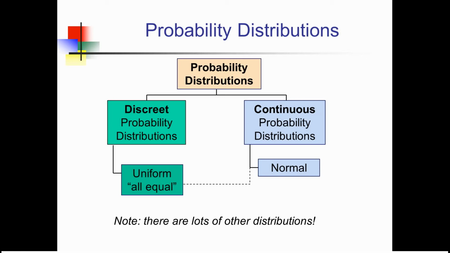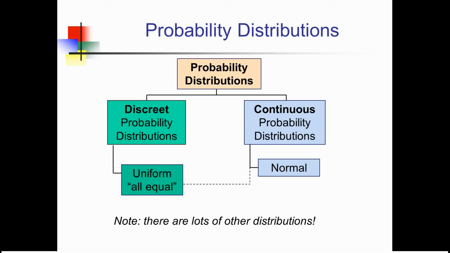That's when we have a finite set of outcomes, and we want to know the probability of each outcome occurring. The probability of at least one of them occurring is always 1.